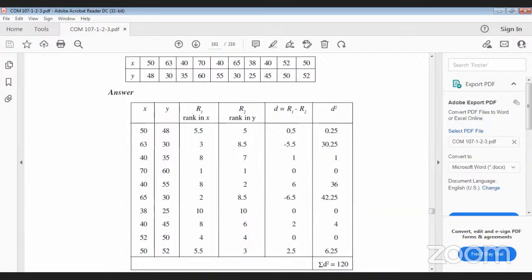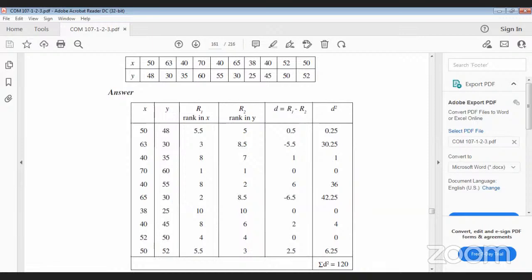The square of 0 is always 0. The square of 6 is 36. The square of minus 6.5, minus minus gives plus, is 42.25.